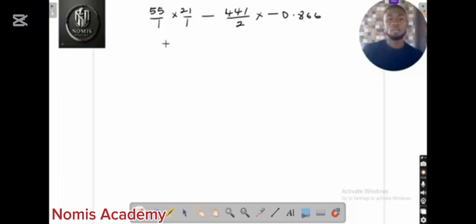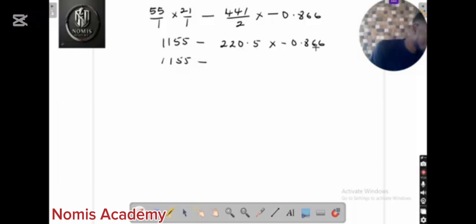So 55 multiplied by 21 we have 1155, minus 220.5 multiplied by minus 0.866.